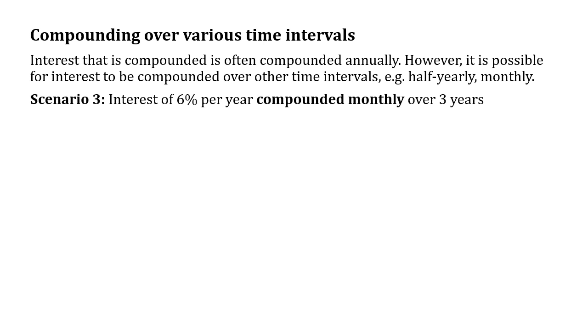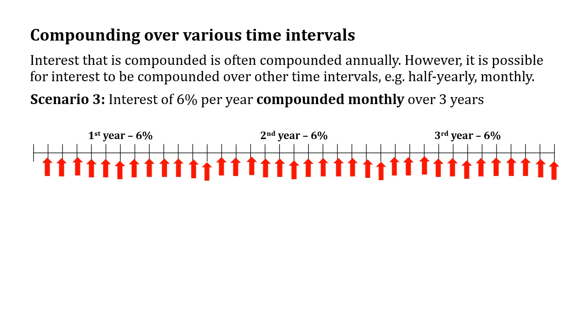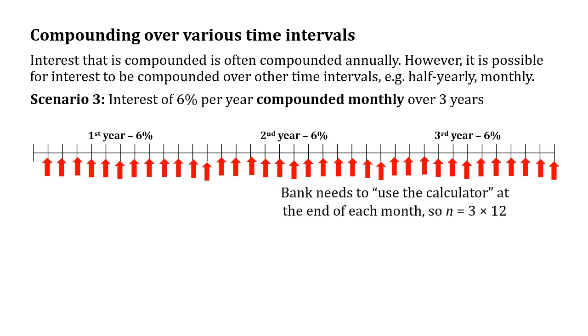Final scenario to look at, what if it is compounded monthly over 3 years? Okay, so it looks like this. So you can imagine the calculator is used 12 times each year. And so over 3 years, it's 3 times 12.